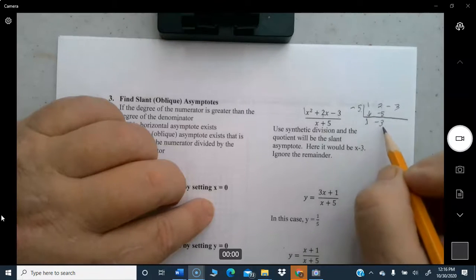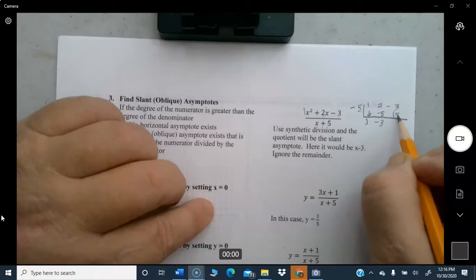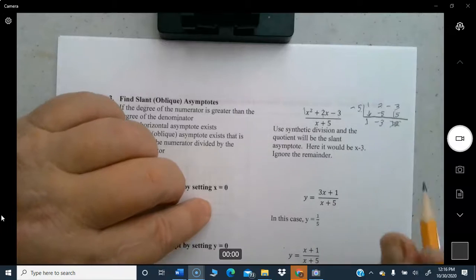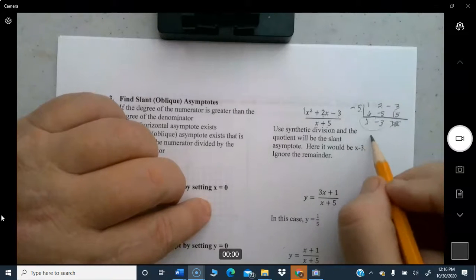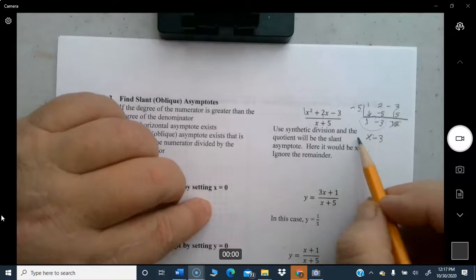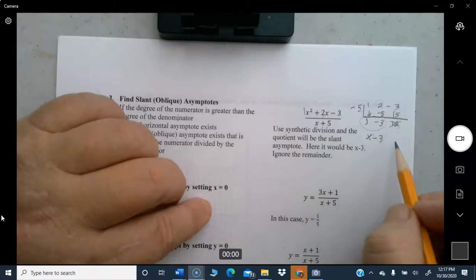Okay. Negative 5 times negative 3 is positive 15. This gives us 12. Remember, this last one is the remainder. We don't care about that. You ignore that. You just look at the 1 and the negative 3, so it's going to be x minus 3. Since this was an x squared, this is going to be an x. There's the answer if you did the division and ignored the remainder.